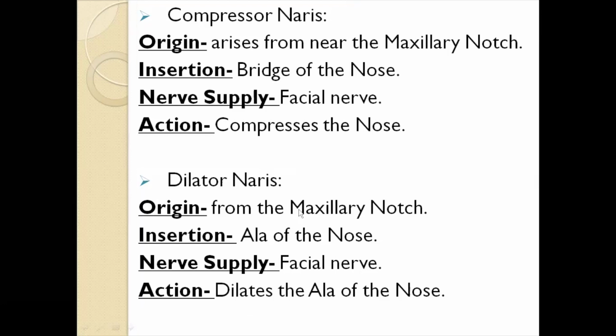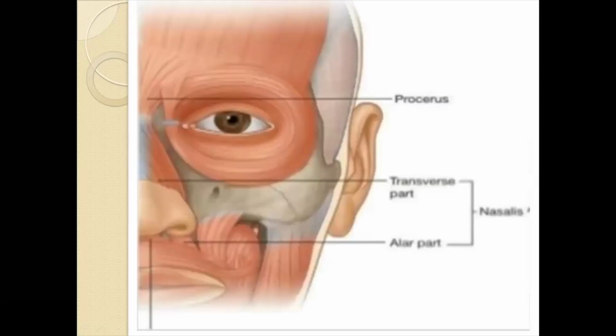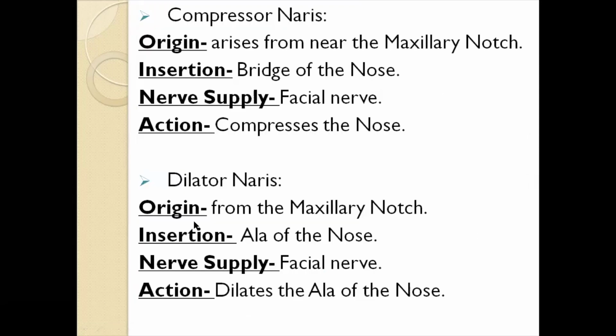Dilator naris originates from the maxillary notch and it inserts into the ala of the nose. Again, it originates somewhere from here and it inserts into the ala of the nose. This is the origin and insertion of dilator naris. The facial nerve is the nerve supply for both the muscles. As the names specify, compressor naris compresses the nose and dilator naris dilates the ala of the nose.